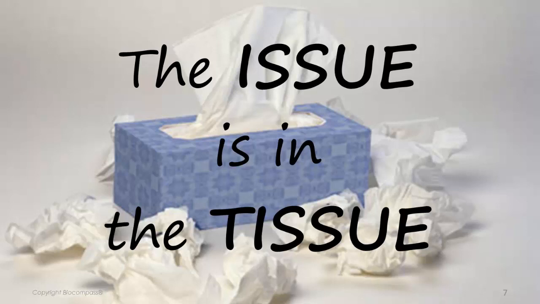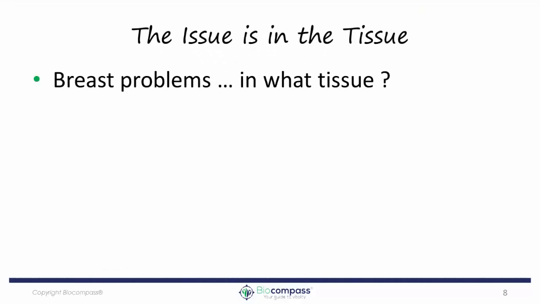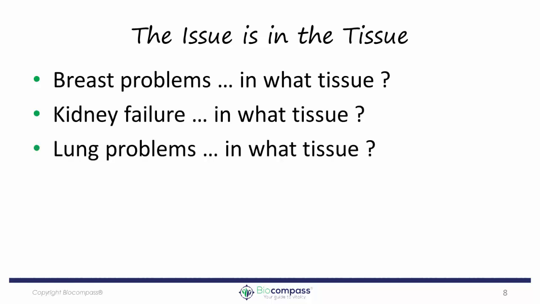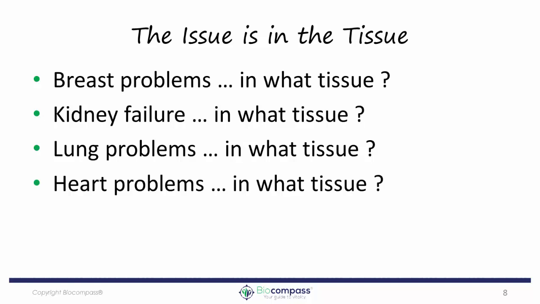The emotional issue is in the actual tissue. So we cannot say kidney failure, we need to know what is the tissue. So instead of talking about breast problems, we need to know what is the tissue. Instead of kidney problems, we need to know in what tissue of the kidney, in what tissue of the lungs is the problem, in what tissue of the heart is the problem.